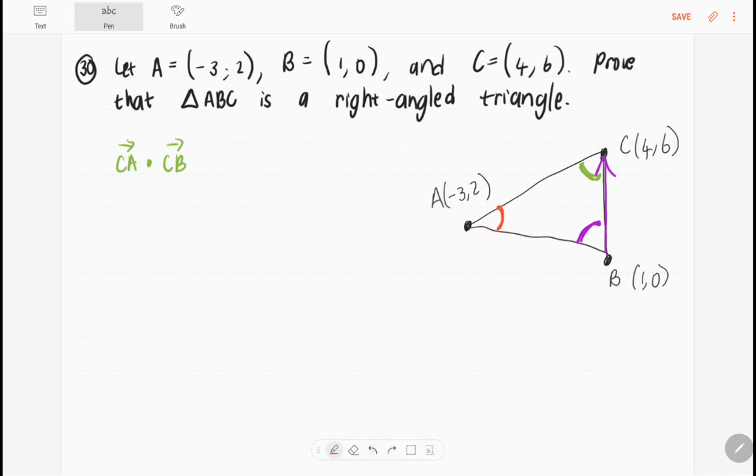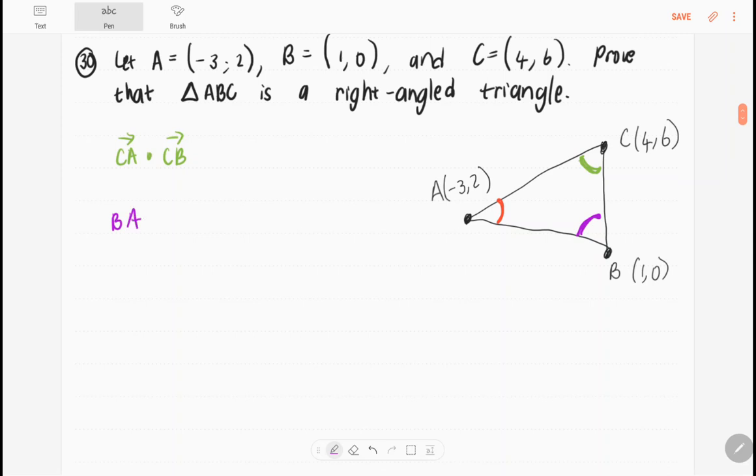So in other words, that is going to be BA dot BC. And finally, for our red angle, we are going to work out the dot product between these two vectors. So it's going to be AC dot AB.